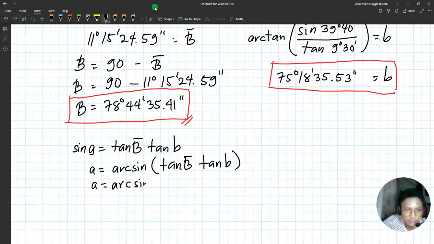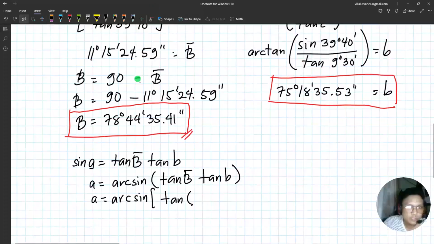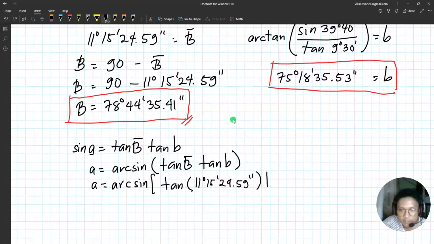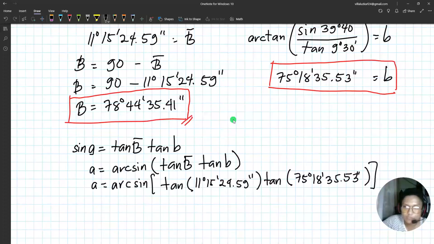Substitute: arcsine of tangent of bar B. We will use 11 degrees 15 minutes 24.59 seconds because that's the complement of angle B. Then multiply by tangent of B, which is 75 degrees 18 minutes and 35.53 seconds. Compute using our calculators.